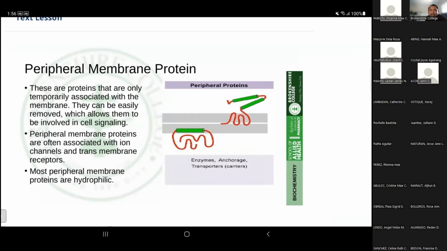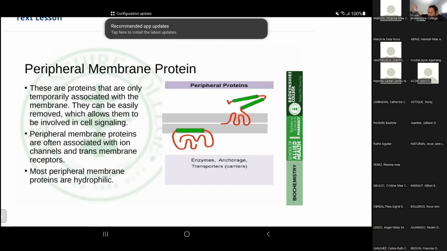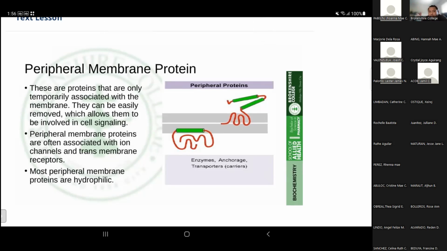So meaning, si integral protein natin is hydrophobic. Okay? Si integral protein, since ang nature niya sa structure ng plasma membrane is within the plasma membrane, therefore your integral protein is hydrophobic in nature, or lipophilic in nature.